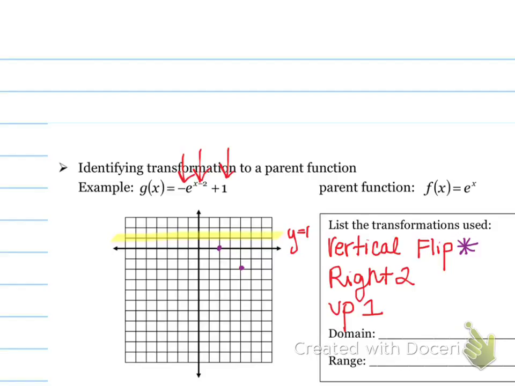I picked those points because when I plug them into the equation, at 2 I'd have 2 minus 2, which would give me 0. Well, that's easy. e to the 0 is 1. So then I'd have -1 plus 1, which is 0. So that's fine. And our next one is 3, -2. I apologize, I didn't mean to plot 4, I meant to plot 3.